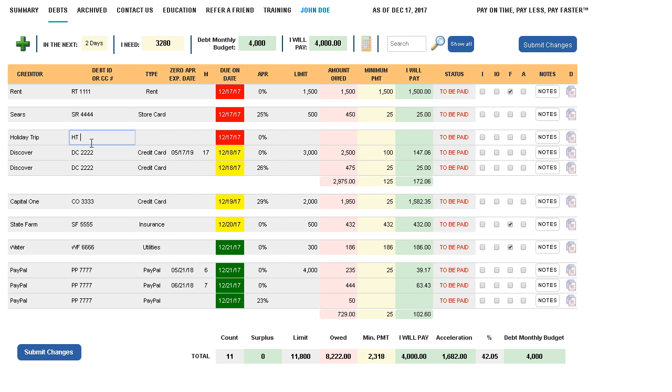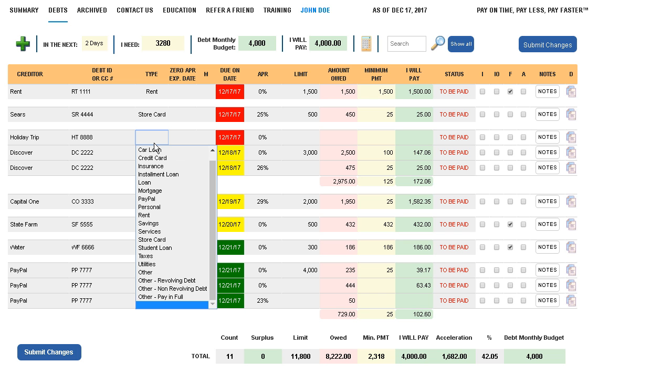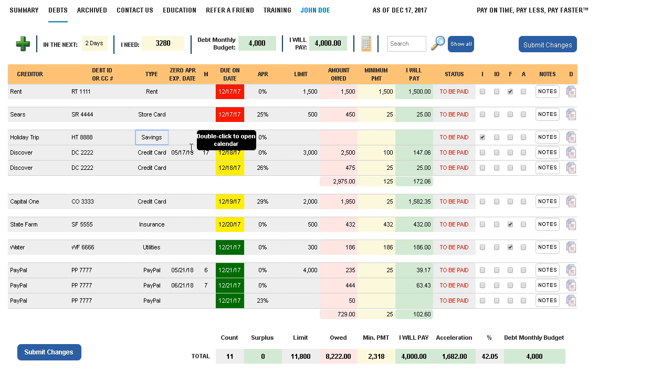This savings is essentially going to behave like a credit card, but one where you are saving money.